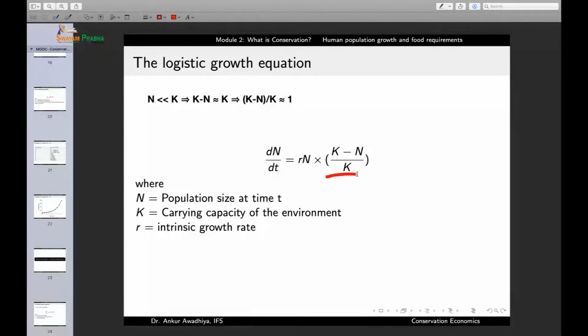What we are saying here is that this (K minus N) by K portion is roughly equal to 1. When that happens, we would have the situation that dN by dt is equal to r into N, because this portion is equal to 1, which is the equation that we began with.